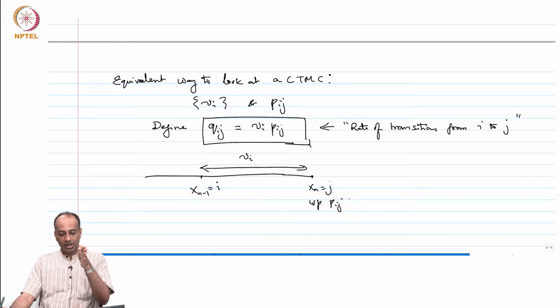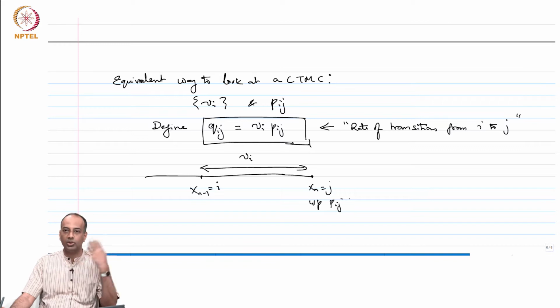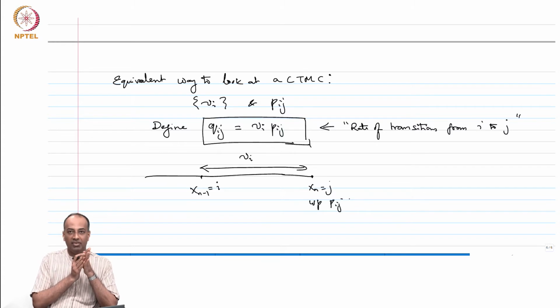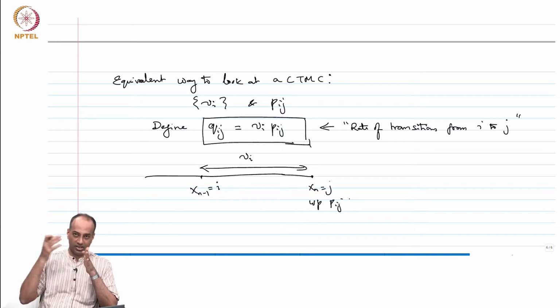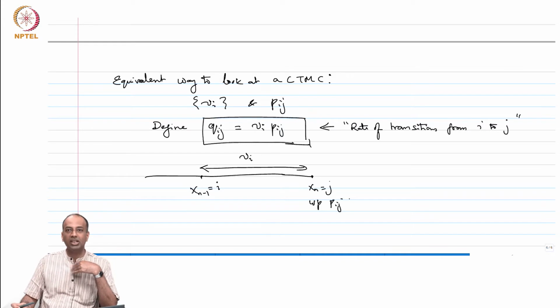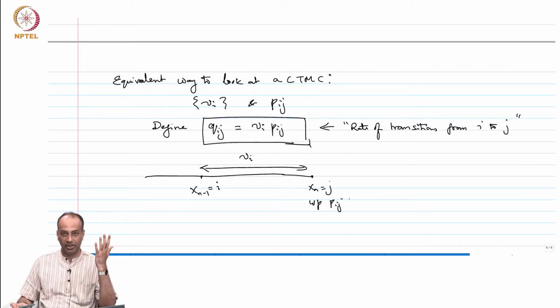Now, there are a whole bunch of competing exponentials with rates Qij. Whenever you are in state i, think of Qij where j runs over all the other states as independent competing exponentials.